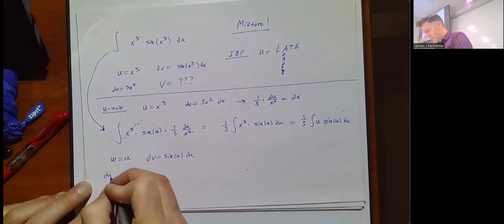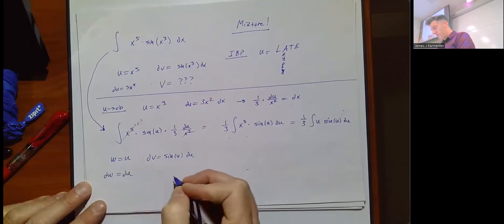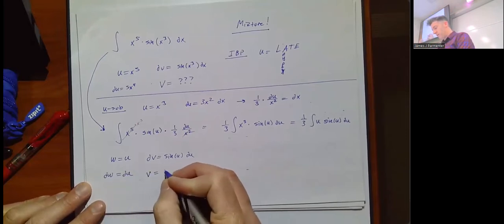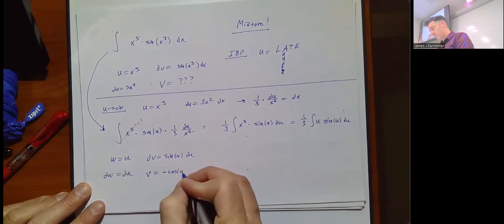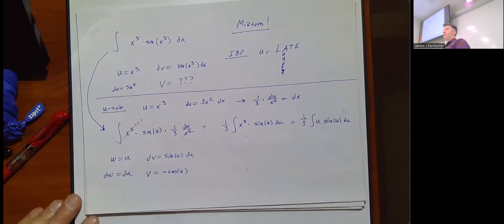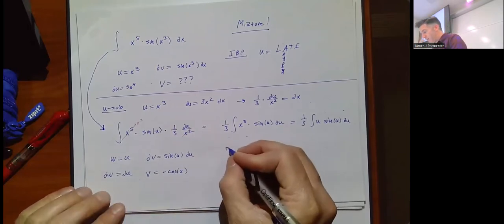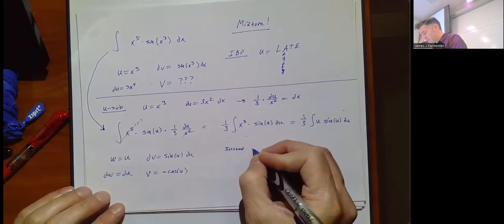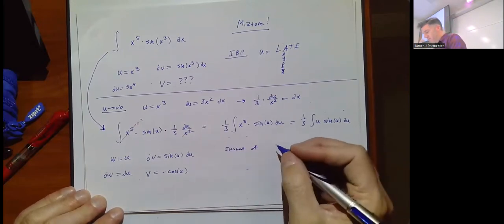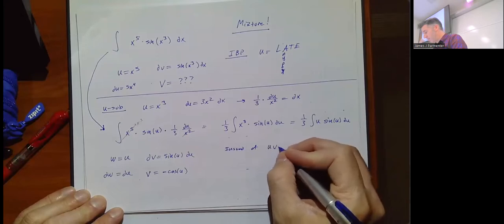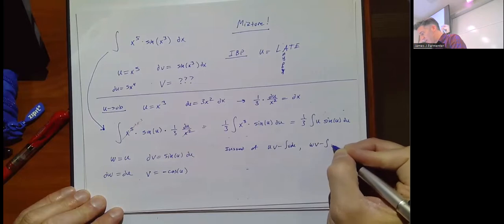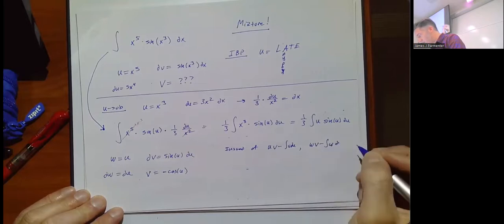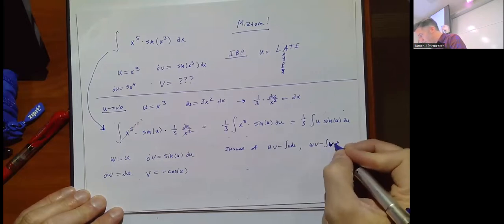Our dw is equal to du, and our v is equal to the antiderivative of sine, which is negative cosine of u. And I should point out, we're not going to be writing down ultraviolet super voodoo. Instead of uv minus the integral of v du, we're going to write wv minus the integral of v dw, sorry.